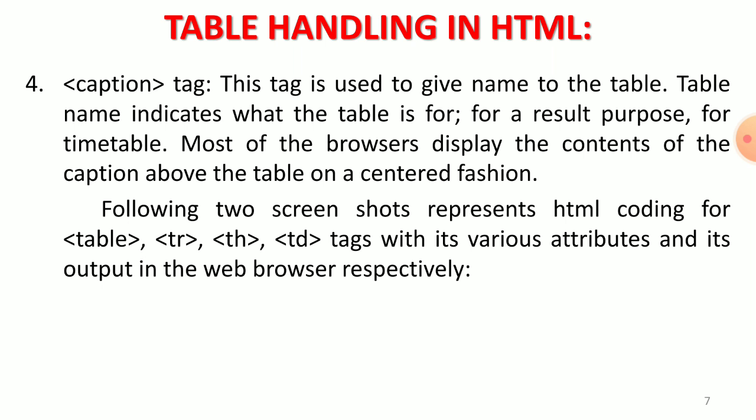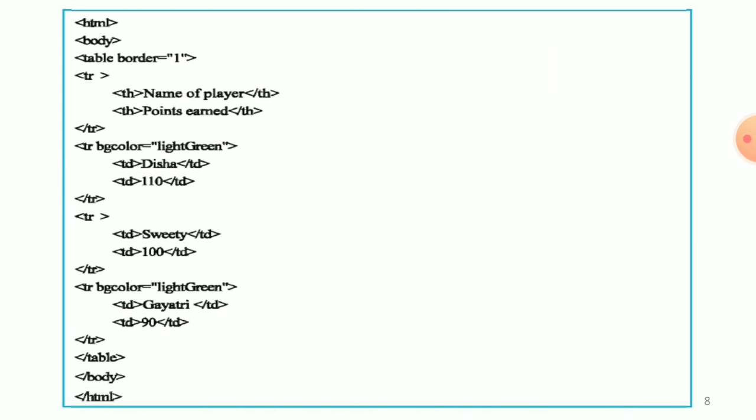The following two screenshots represent the HTML coding for a table with tr, th, td and various attributes, and its output in the web browser respectively. That is the first example of a table. First, html and slash html.